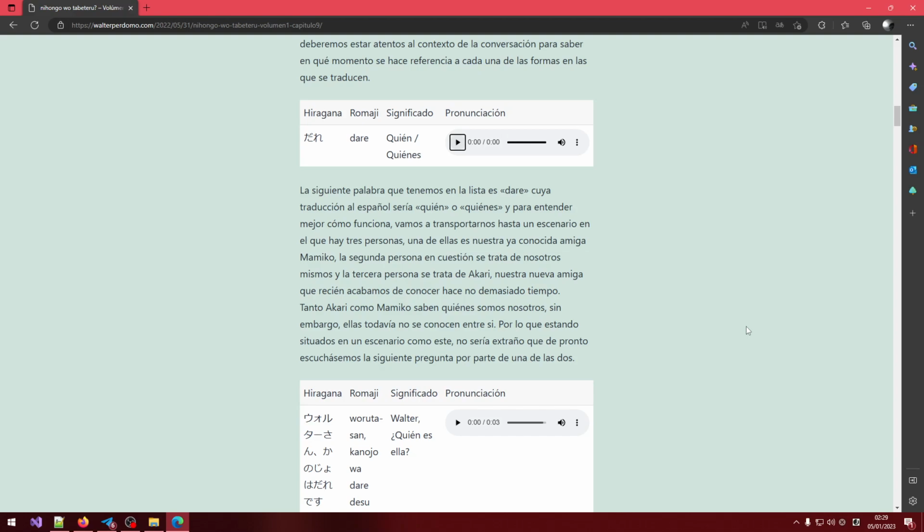So Akari, we just met like three days ago, but we already know Mamiko. Both Mamiko and Akari know who we are, but they do not know each other.